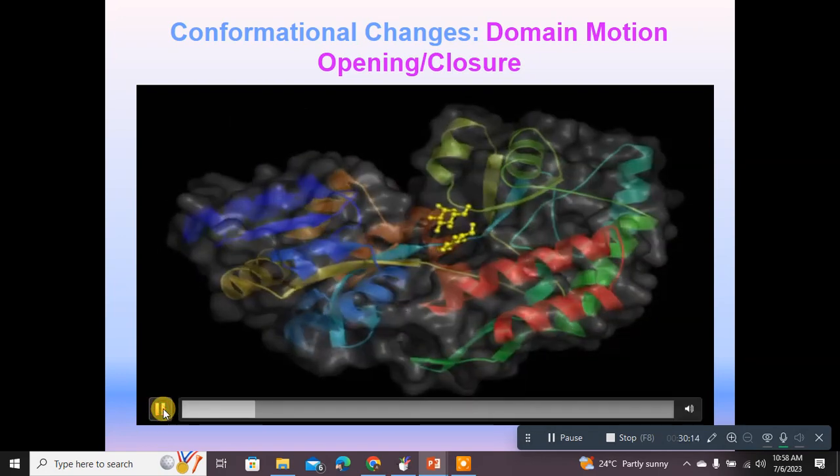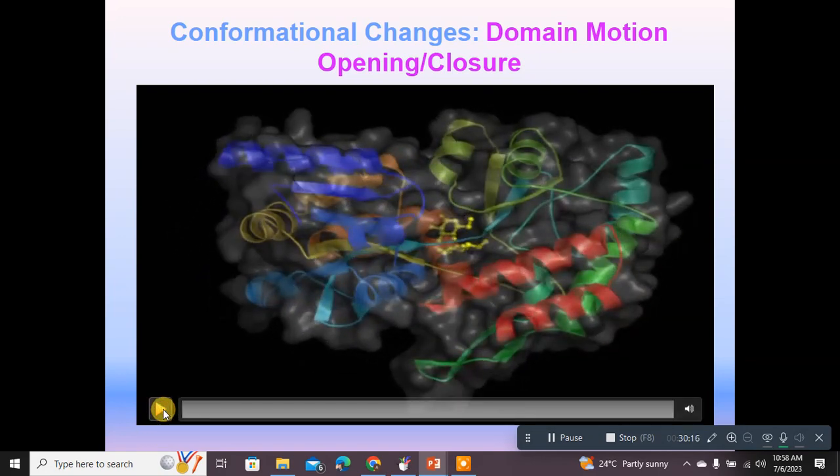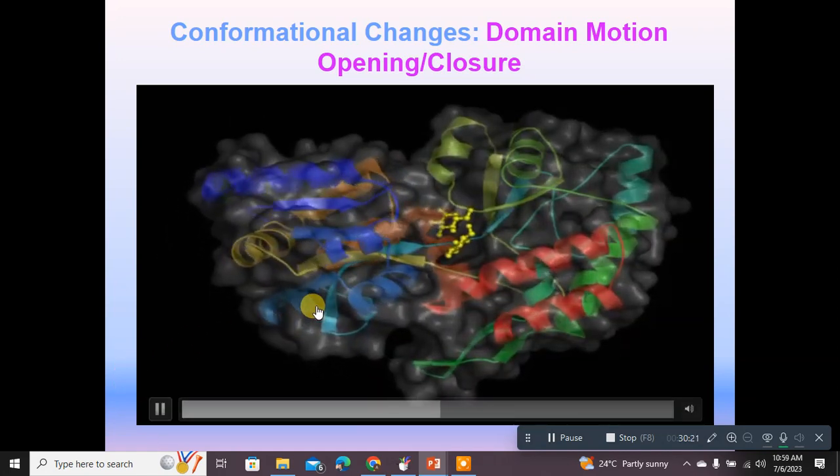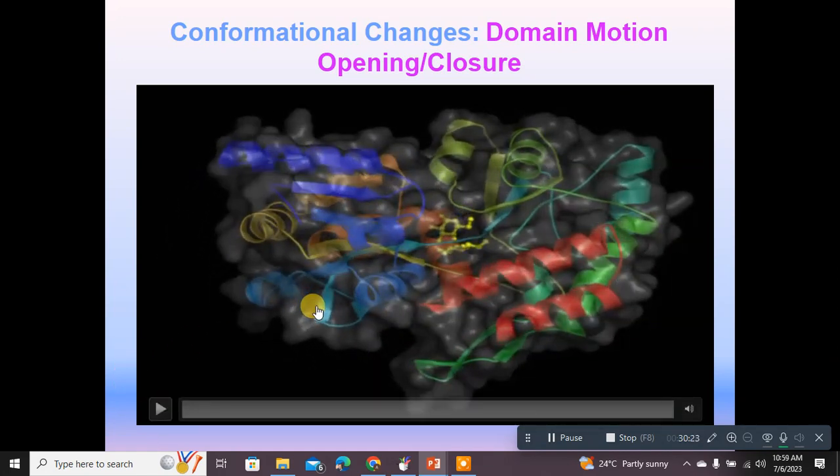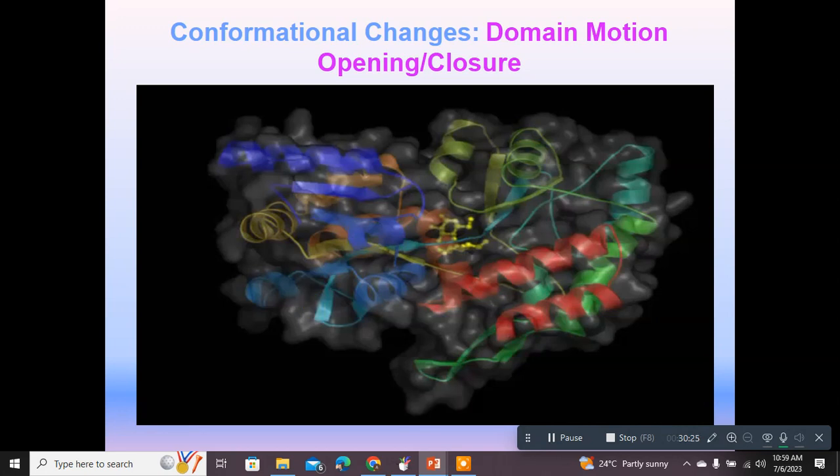Most of the time they stay active in one stage. For example, this is the active stage and this is the inactive stage, the previous one. So to attain a certain function they change their conformation and become active, and once the process is completed they go back and become inactive.